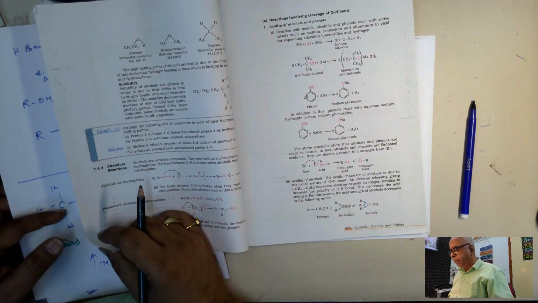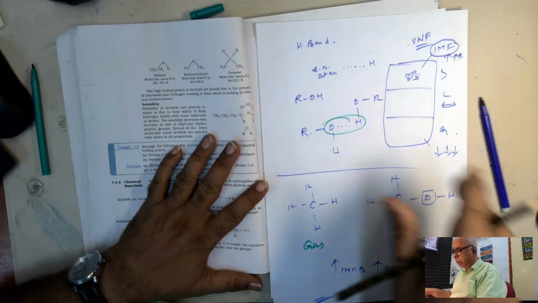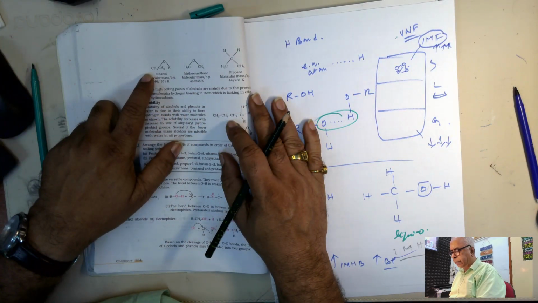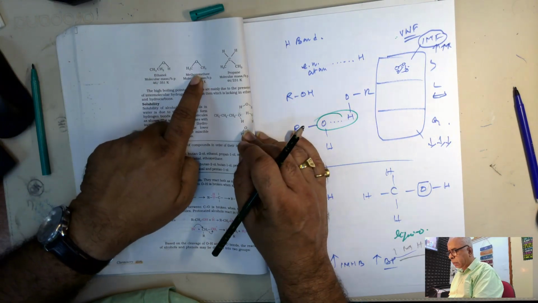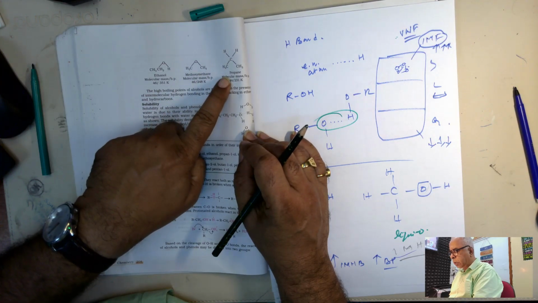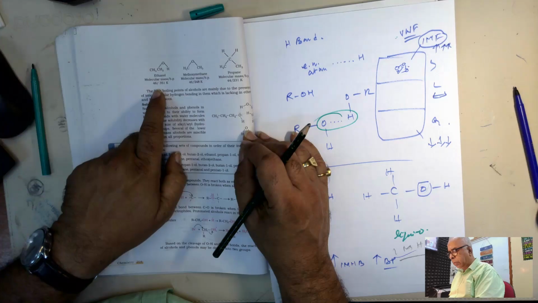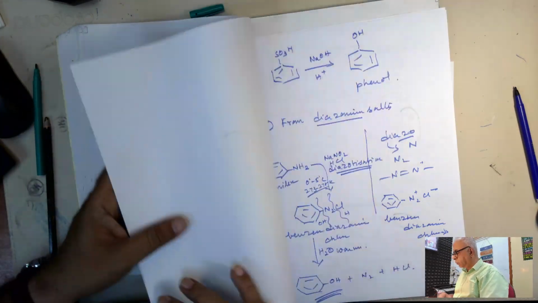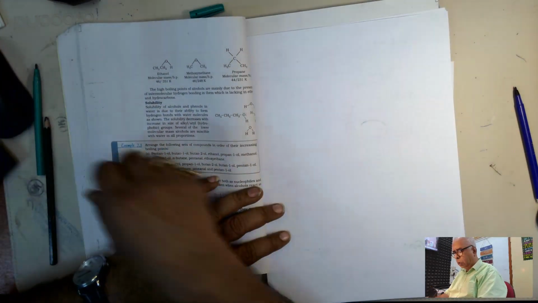Then just look at this. You have ethanol, acetone, and an alkane.